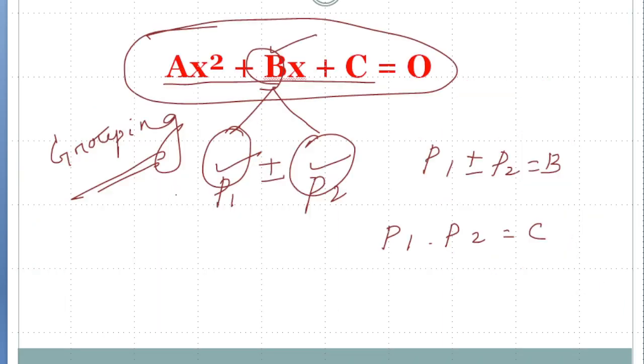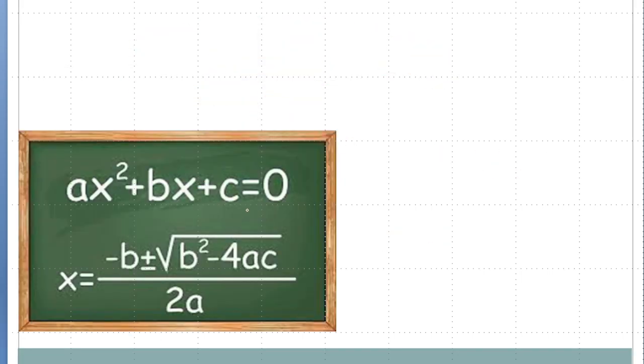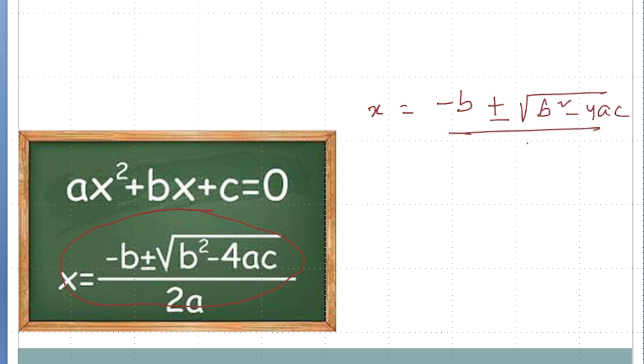Now we will go for the second method, that is the formula method. To solve the quadratic equation there is also a formula. What is the formula? The value is minus b plus or minus square root of b square minus 4ac, by 2a.